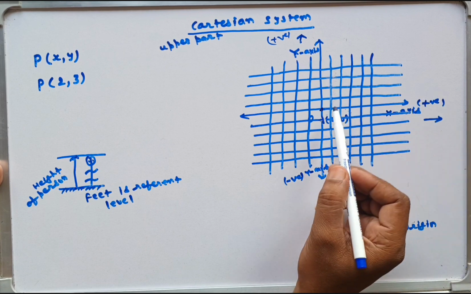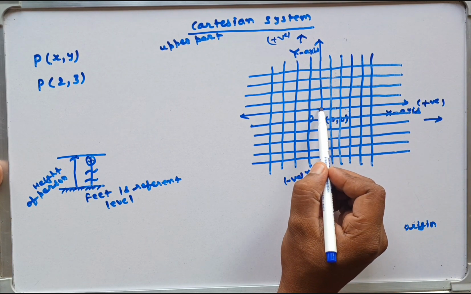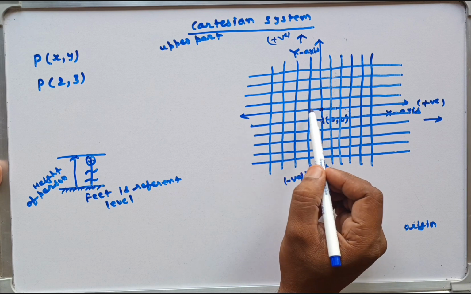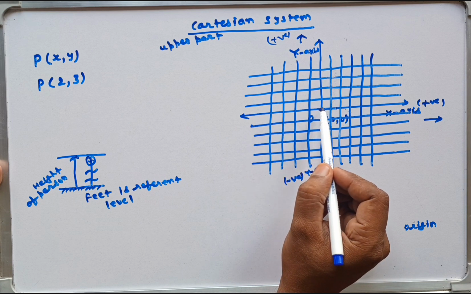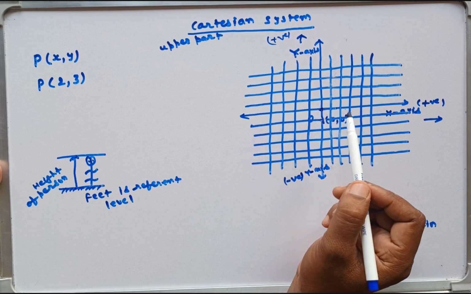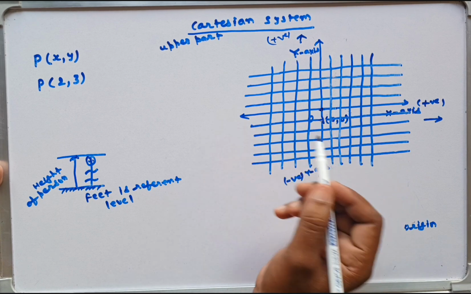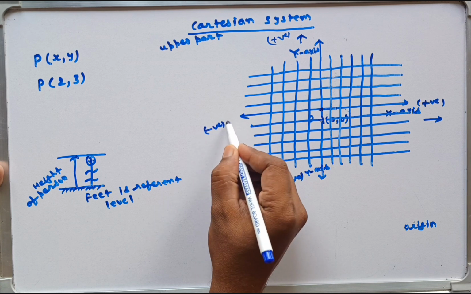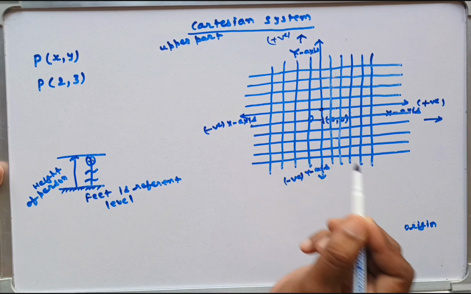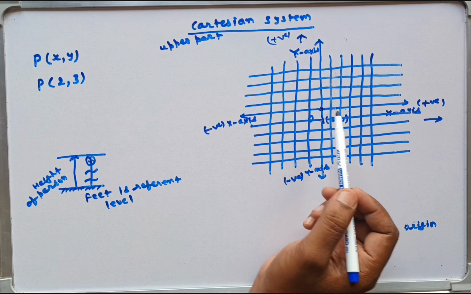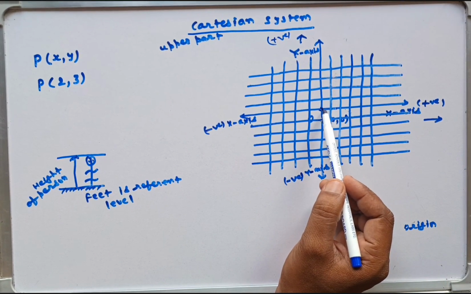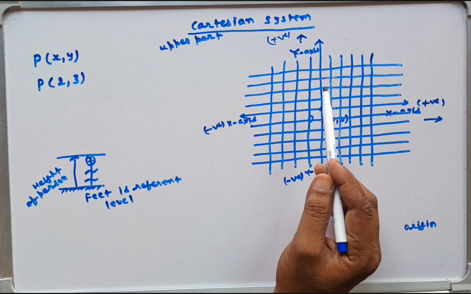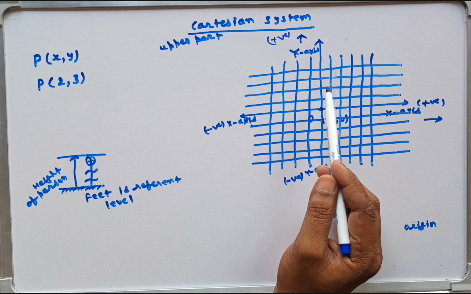And if you start moving this point to the left direction, then all the numbers must be negative. So this axis is known as the negative x-axis.